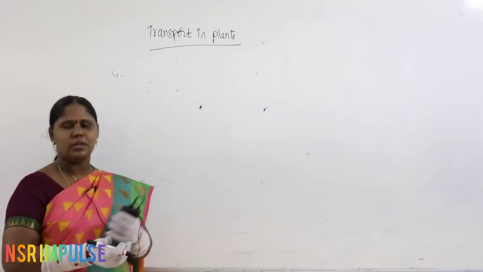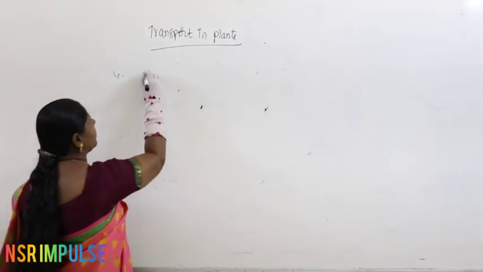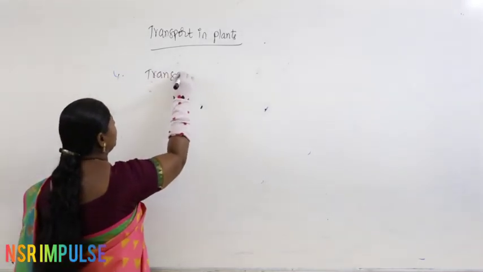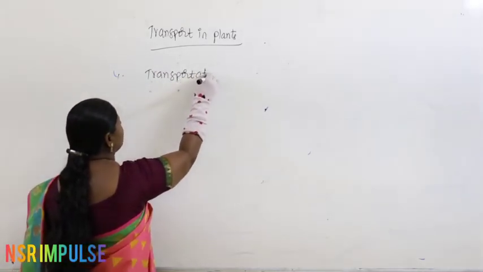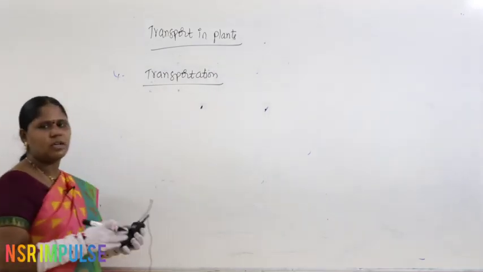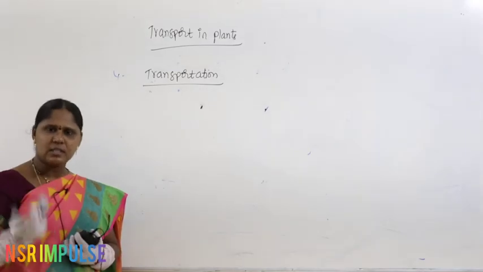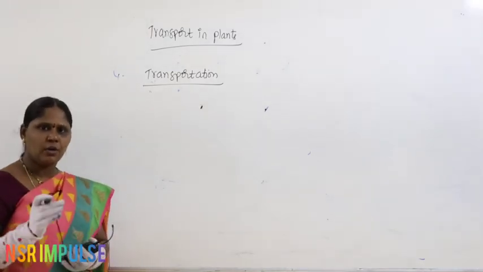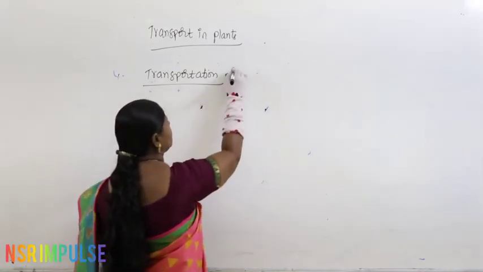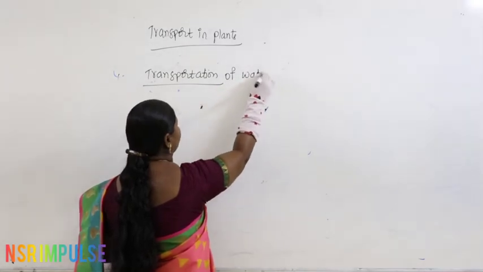Now, in transport in plants, we are going to discuss the mechanism called transportation. Transportation means movement from one place to another. Mainly what is getting transported in plants? We all know it very well: water.